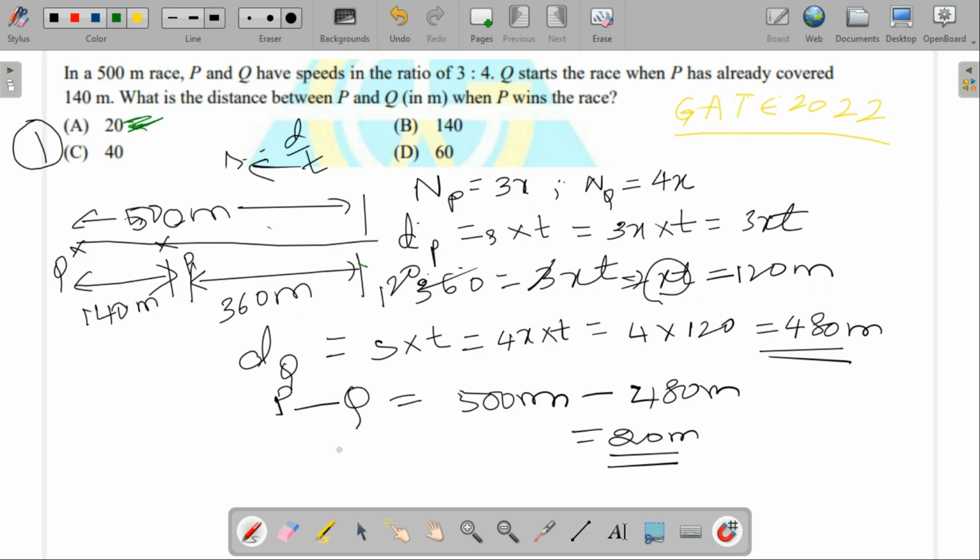Then using that expression, we find the distance traveled by Q, which is speed 4x into t, so 4 into 120, 480 meters. Then we do P minus Q, which is 500 meters minus the 480 meters covered by Q. So finally we get 20 meters.